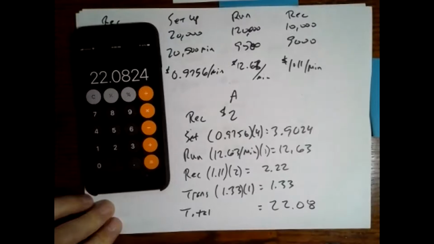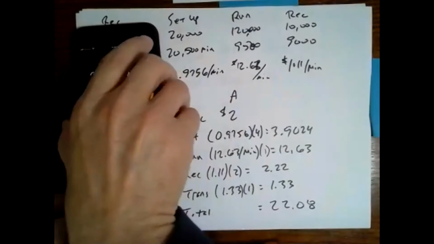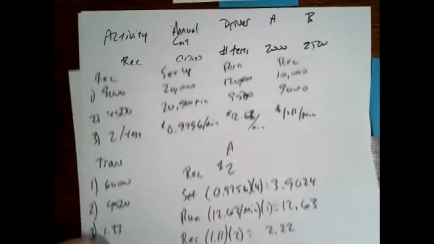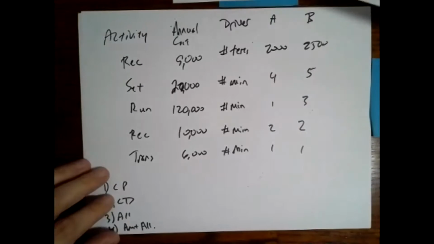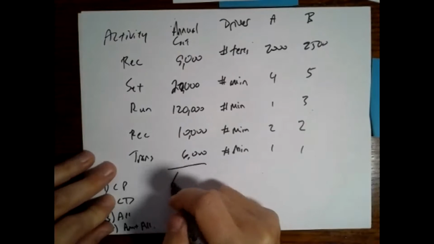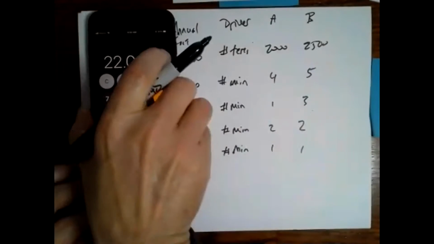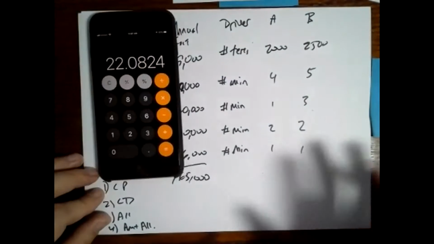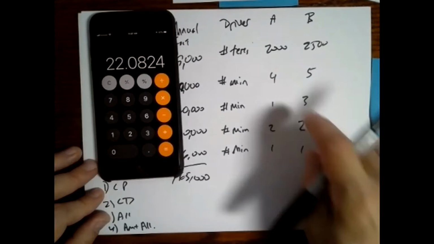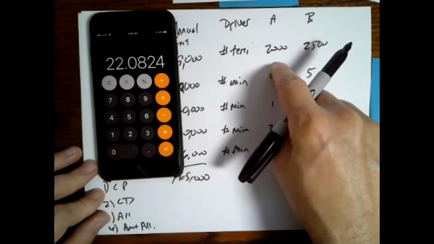Okay. Now it asks us what portion of the total annual cost for the 2 tests comes from providing test A. The total cost, if we go back, was $165,000. We know that it costs us roughly $22.08 to do an A, and that we do 2,000 A's.